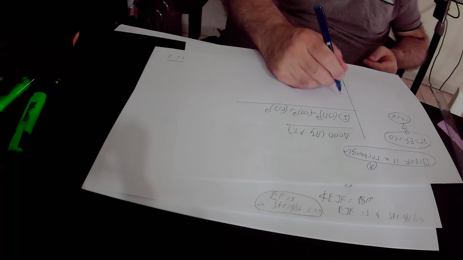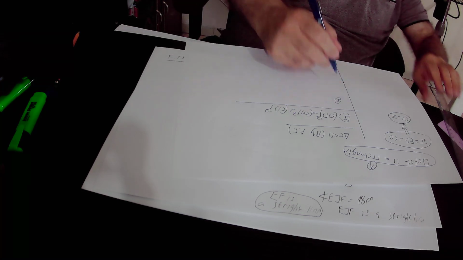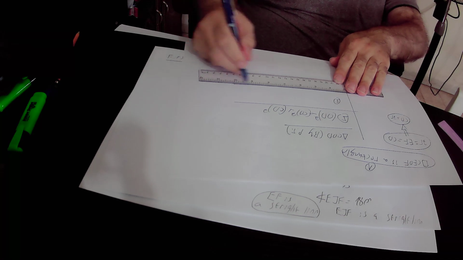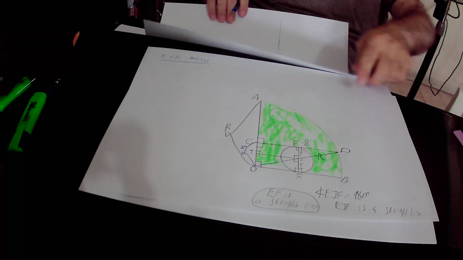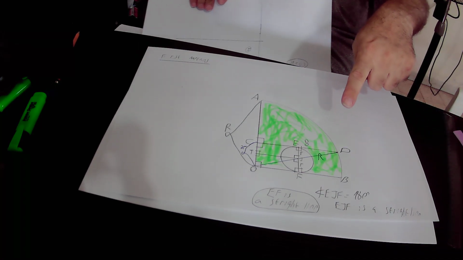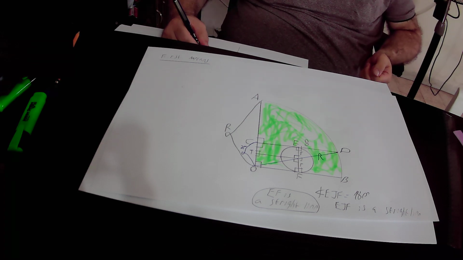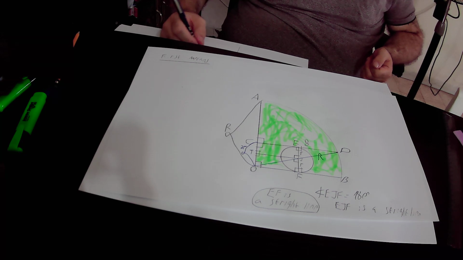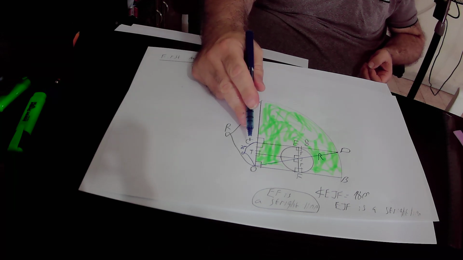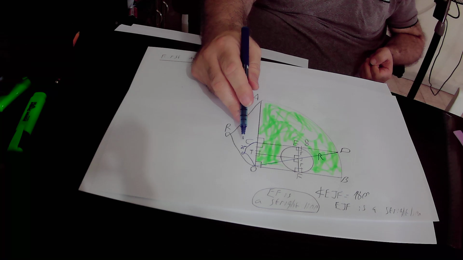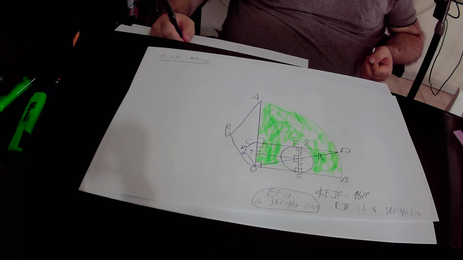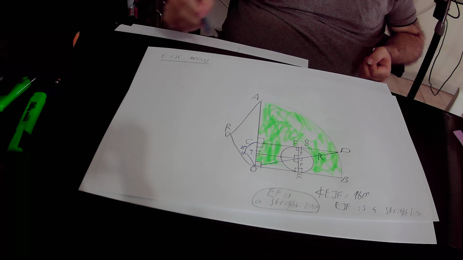OD is the radius of the quarter circle that is equal to capital R, therefore OD square is capital R square, that is equal to CO square plus CD square. We already found out that CO equals 2 small r, therefore CO square equals (2r) square.